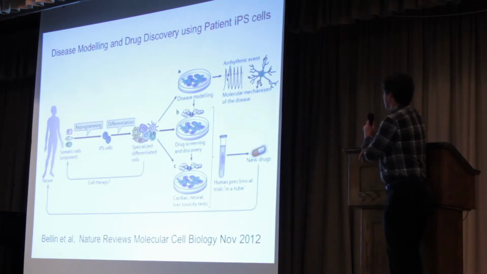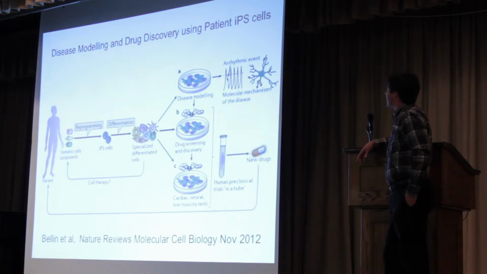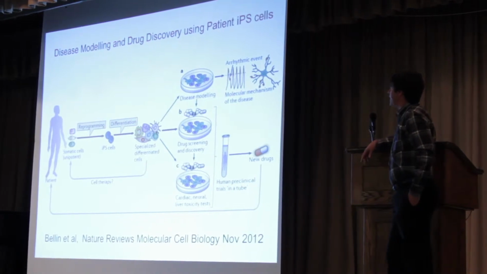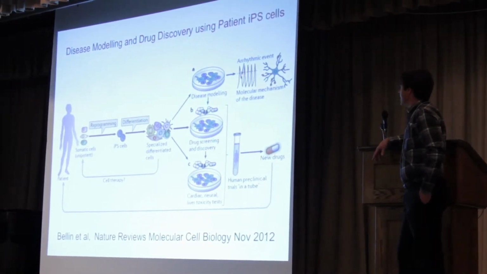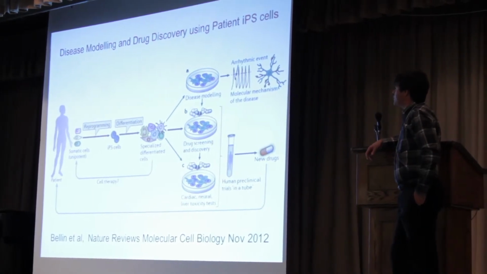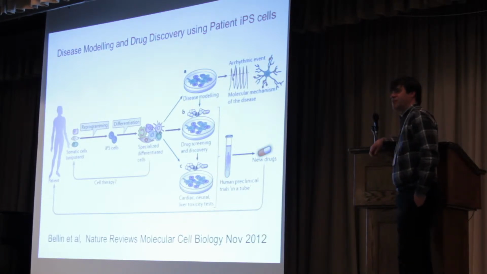Right. So we use induced pluripotent stem cells for disease modeling and potentially for drug discovery. And the idea is on the left, if you take an individual or a patient for any type of disease, you can reprogram those skin cells that you can take from that individual and make them into stem cells that resemble embryonic stem cells.